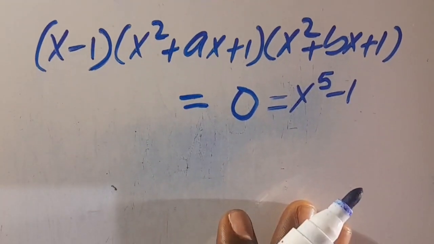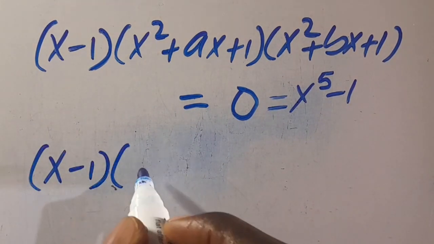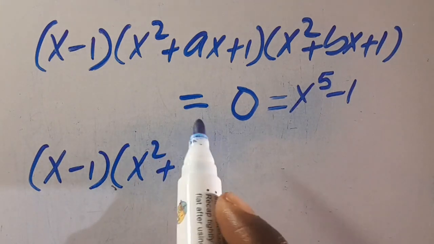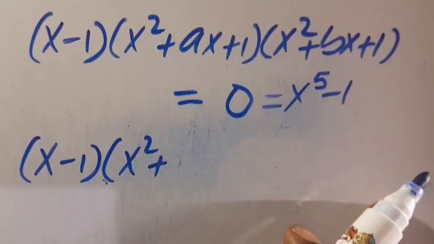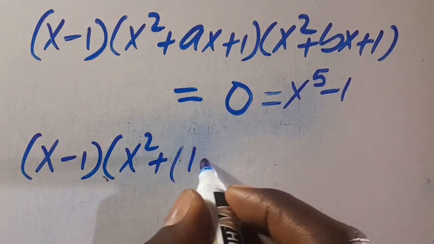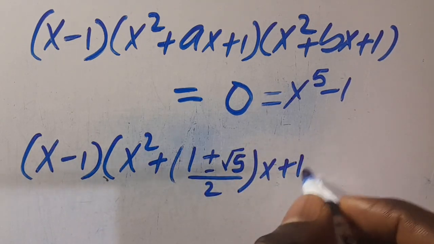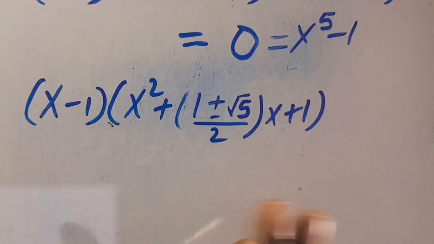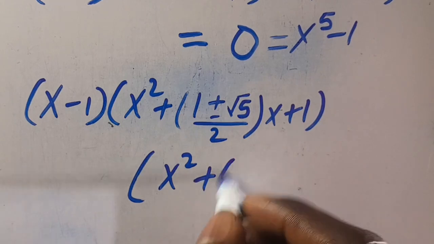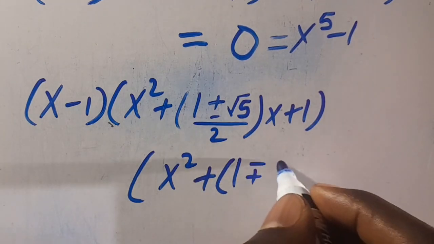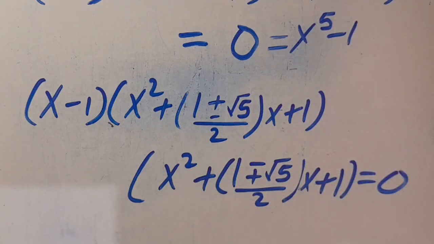Then, meaning that we are going to have x minus 1 multiplied by x squared plus our a equals this, 1 plus or minus root 5 divided by 2, multiplied by x plus 1 again, multiplied by x squared plus 1 minus or plus root 5 divided by 2 x plus 1, everything equals 0.